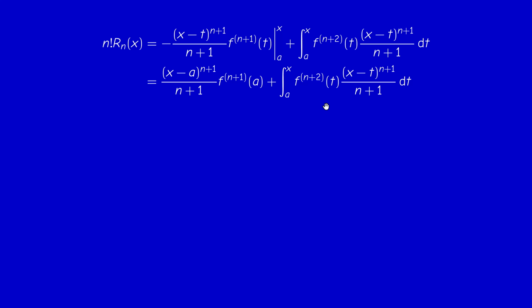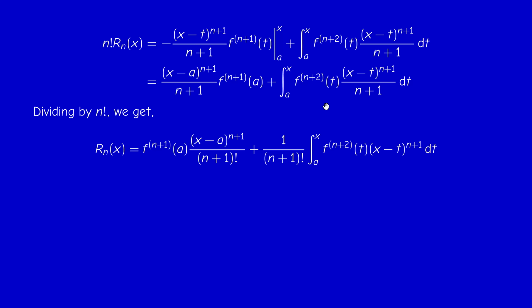And now I divide by n factorial. So when I divide by n factorial, I get here n plus 1 times n factorial, so n plus 1 factorial. And here I get 1 over n plus 1 times n factorial, which is n plus 1 factorial. Okay? So this is the remainder. And that's it.